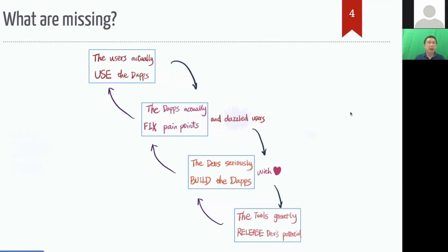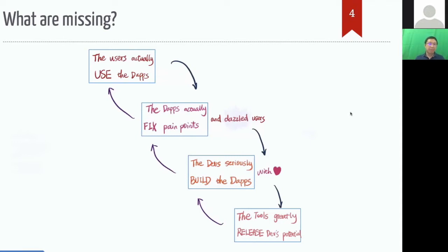And if you want the DApps to actually fix pain points, we need the developers to build the DApps seriously. They need not just build simple smart contracts or simple games, but they need to reinvent the applications to replace Amazon, Taobao, Eventbrite, or similar applications.